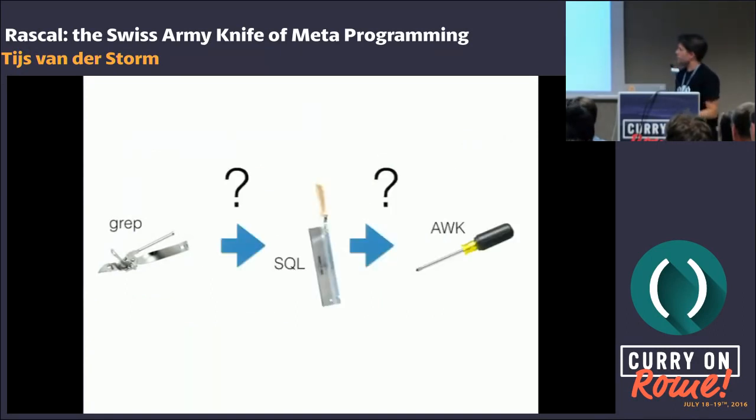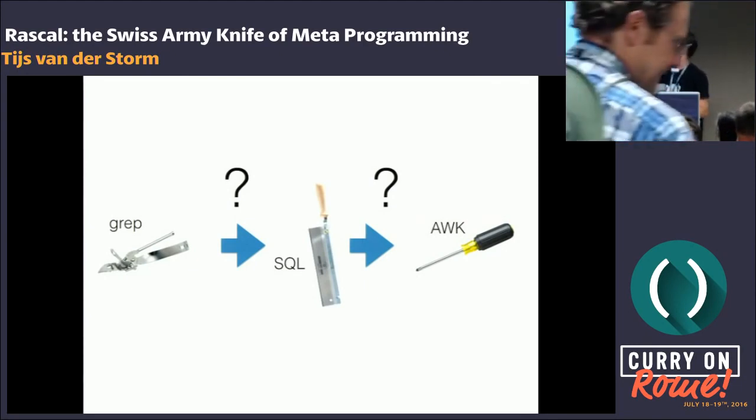To make this a little bit clearer, let's have a hypothetical, maybe even pathological example where you do some grep on some source code. You get some results of the matching regular expression. You want to import it into SQL to do some querying or joining or group by, whatever. And then you want to export that to some other script to actually generate something else from it, right?